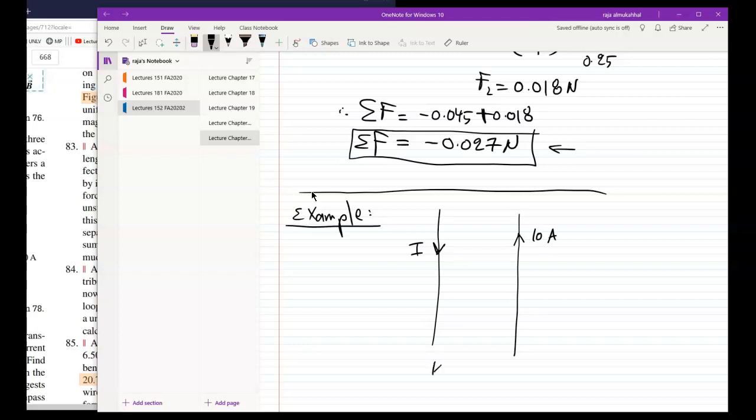Separated by a distance D. And this point right here, I'm going to call it point A. And it is D over 2. Okay? I'm just copying things from my notes. And then I have also point C right here.